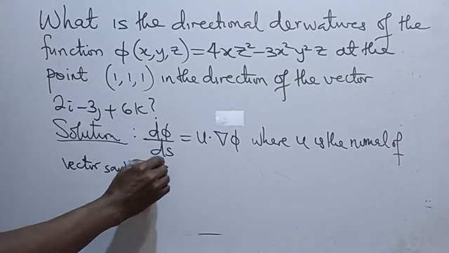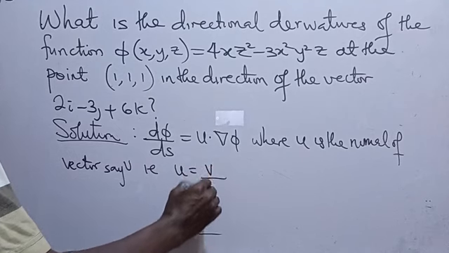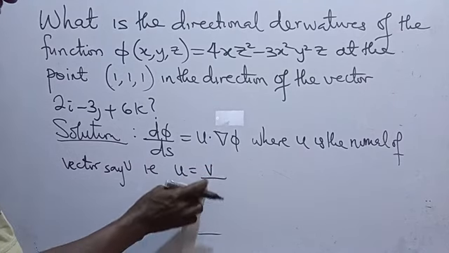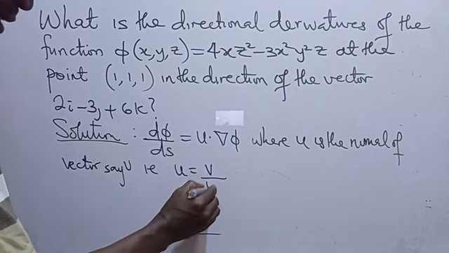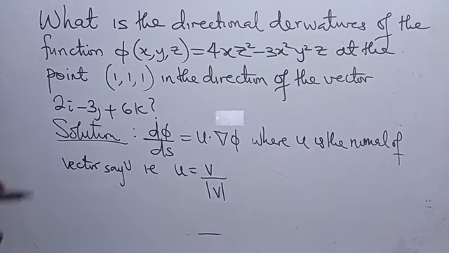That is, u will be vector v all over the norm, or the modulus, of vector v.